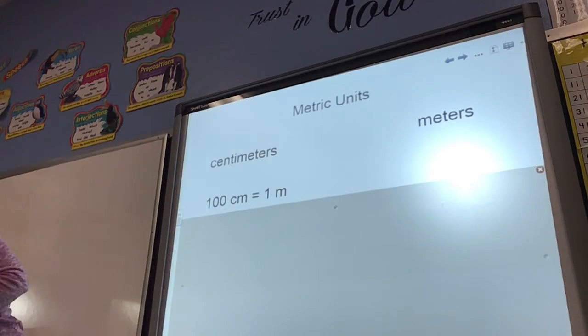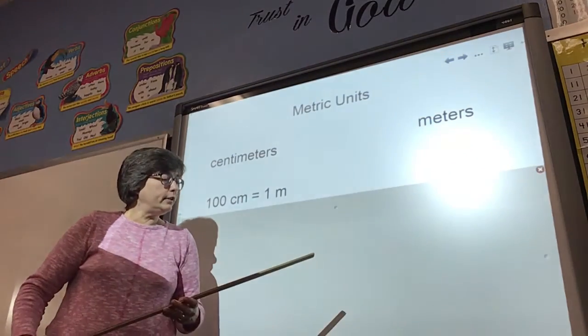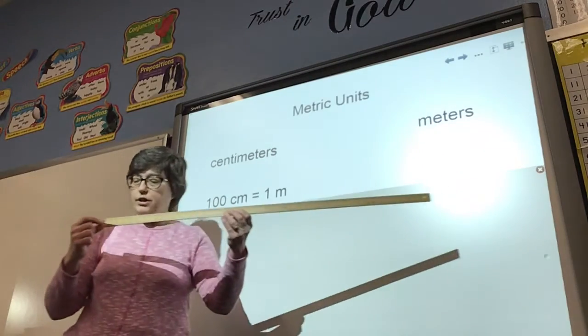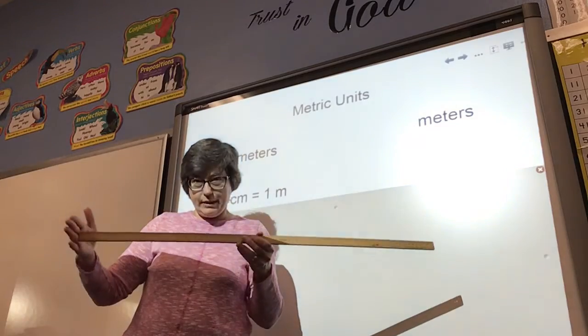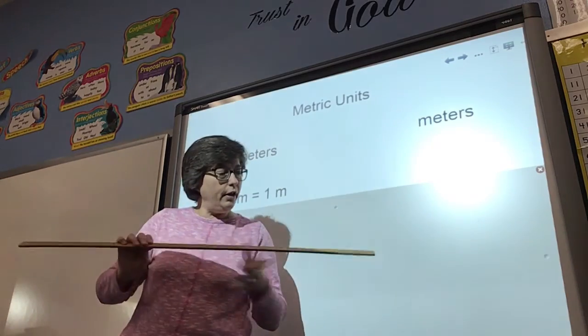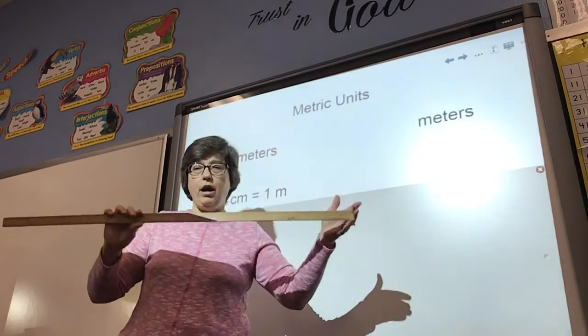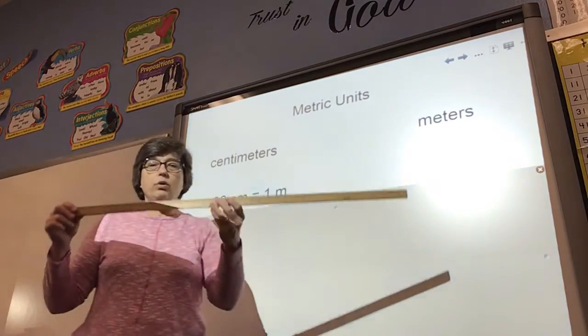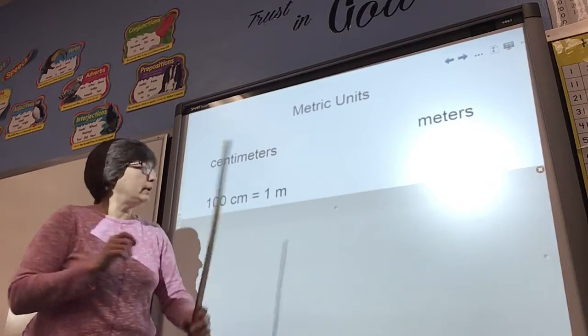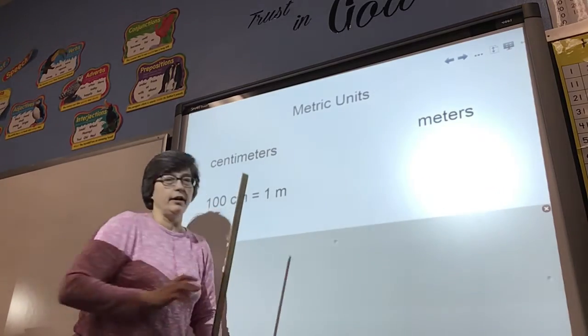Okay, so if we took our meter stick and we counted all the centimeters on there, it goes from 1 all the way to 100. So 100 centimeters equals 1 meter. That's our unit of measurement there.